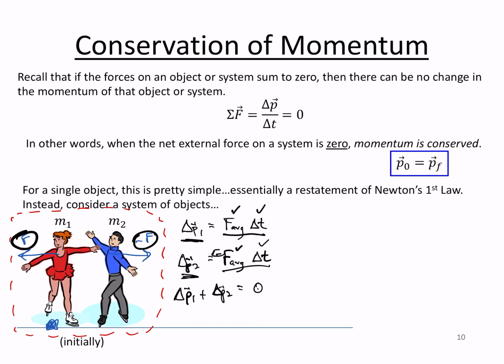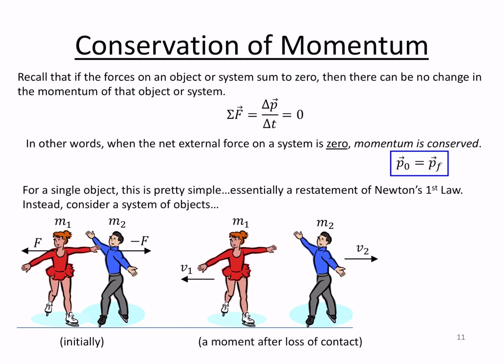So what happens here? Well, let's set it up. What this allows us to do is, if we know any 3 of these quantities, so mass is pretty easy to measure, so we might know both of their masses. And let's say that we observe the velocity of this ice skater to be 5 meters per second.